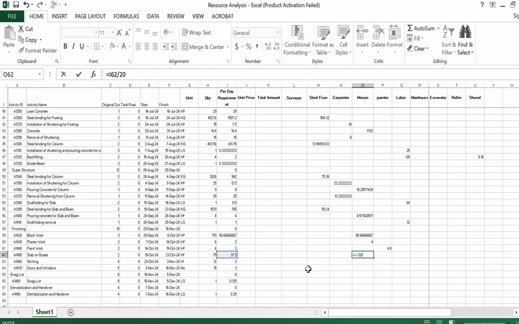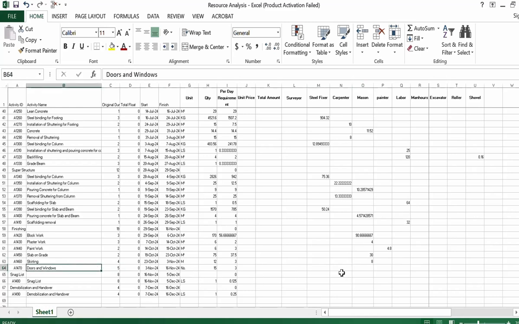We will put 20 multiplied by 8 multiplied by total duration. It needs 30 hours to complete this activity. Skirting: suppose one mason can do 12 meter per day, multiplied by 8, multiplied by total duration 4. We need 8 hours to complete this quantity.